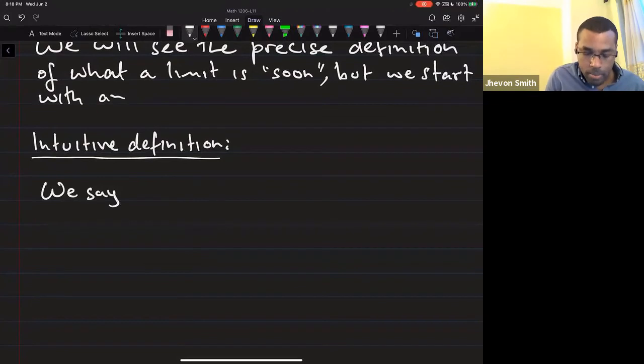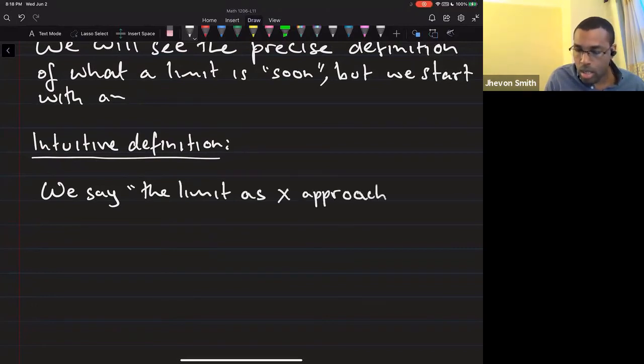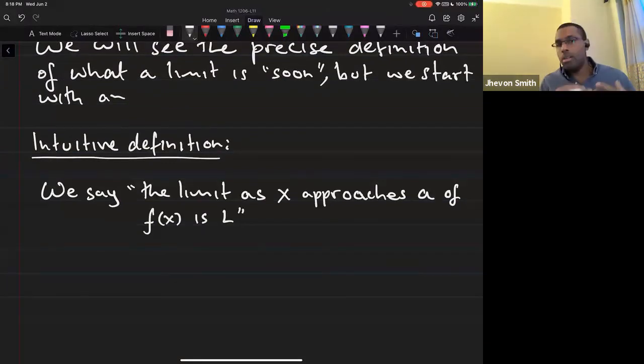We say the limit as x approaches a of f of x is L, right? So this is a phrase you can say. The limit as x approaches a of f of x is L, right?